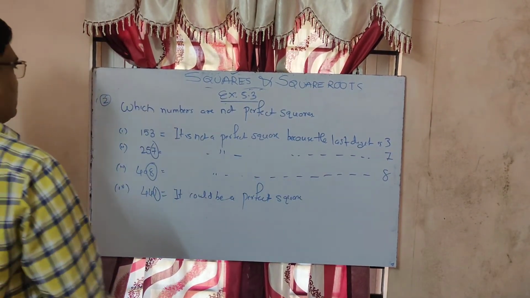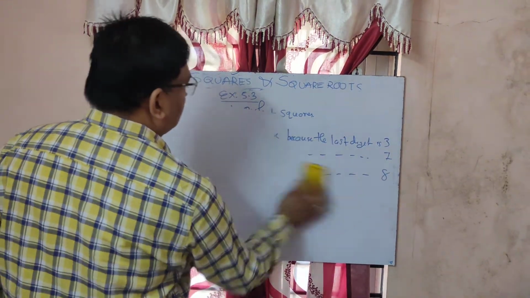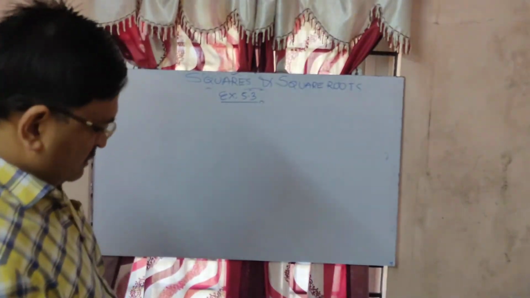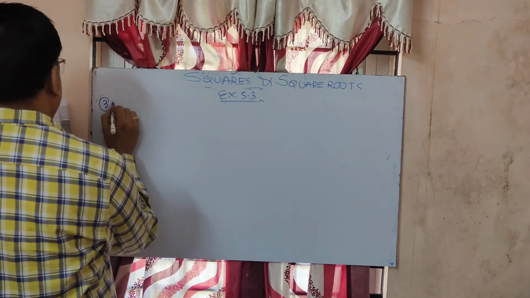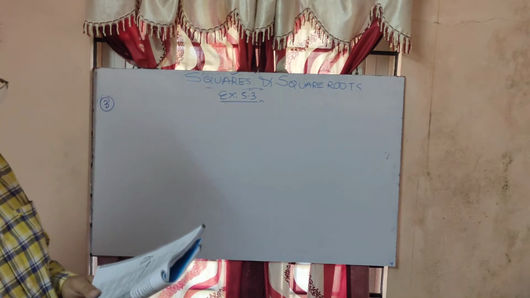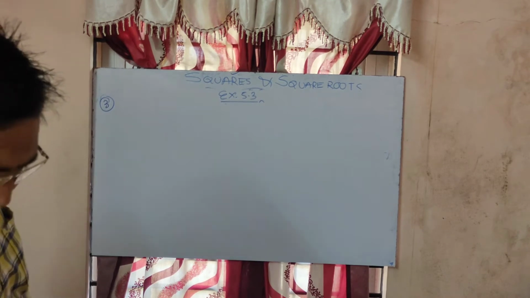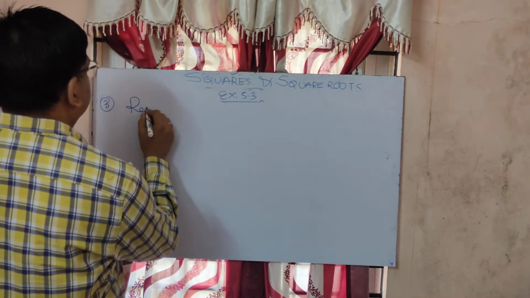Now let us do the third question. Find the square roots of 100 and 169 by the method of repeated subtraction. First one is 100. Repeated subtraction.